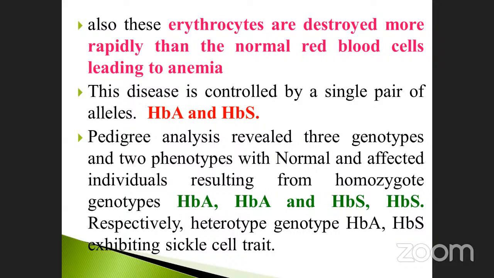We will find the phenotype ratio, normal versus affected individuals, resulting from the homozygous genotype HbA HbA, and HbA HbS, and the last one HbS HbS, respectively. The heterozygous genotype HbA HbS exhibits the sickle cell trait. So these are the genotypes possible in the pedigree analysis. Don't forget, my dears.